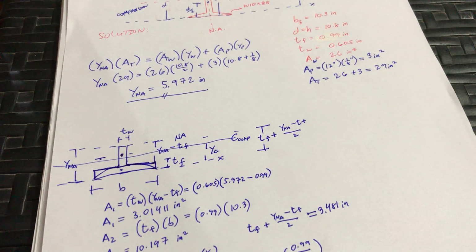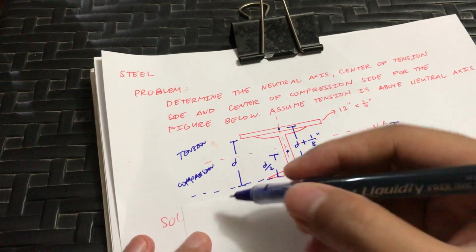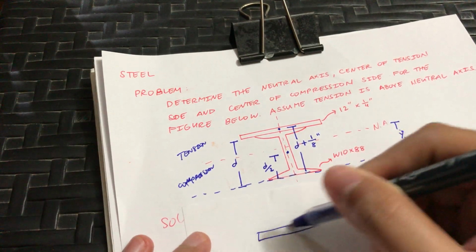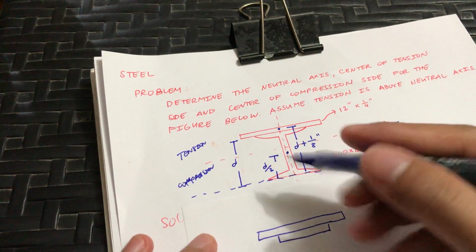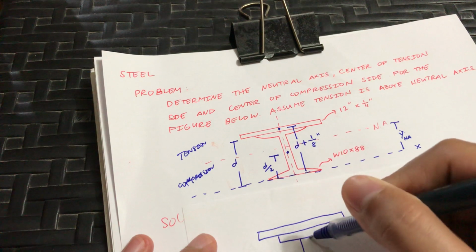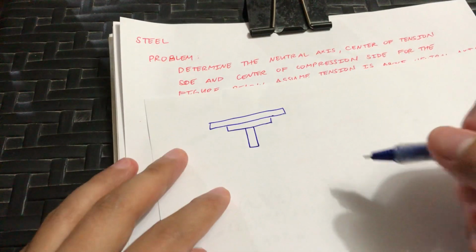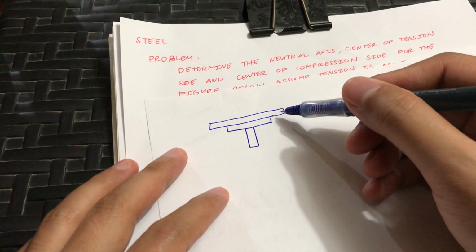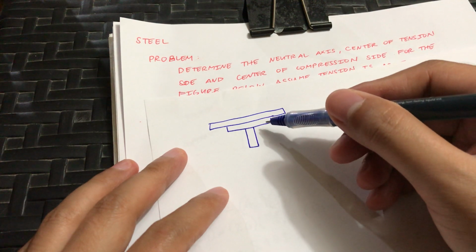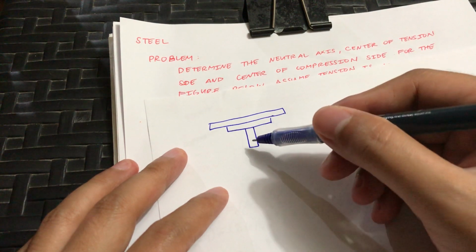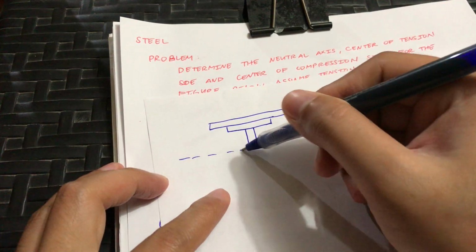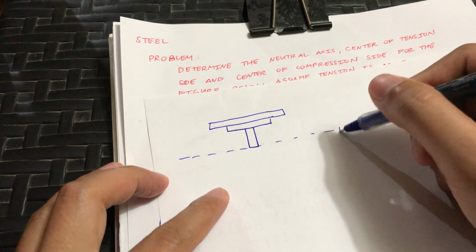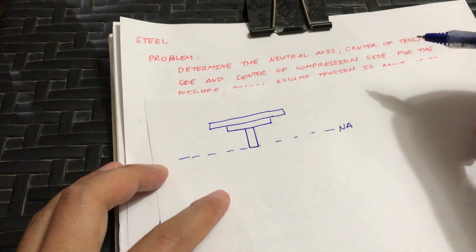Next, we need the center of the tension side. We draw the tension side, and we still assume that the wide flange is in perfect rectangular form. This is the plate, the top one, this is the flange of the W10 by 88, and this is the web of the W10 by 88. And this is the neutral axis.